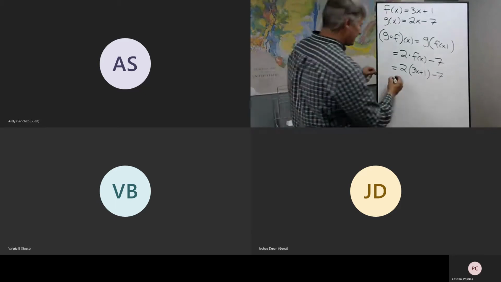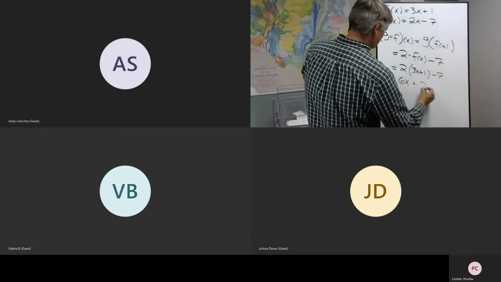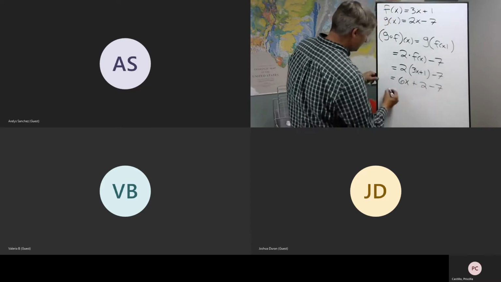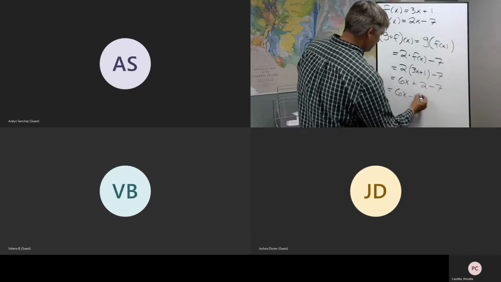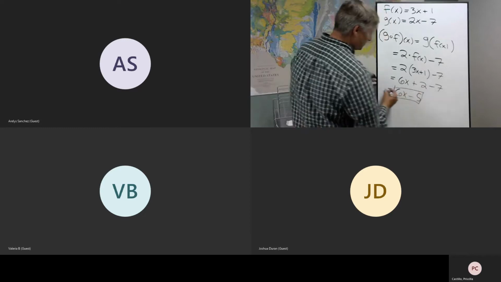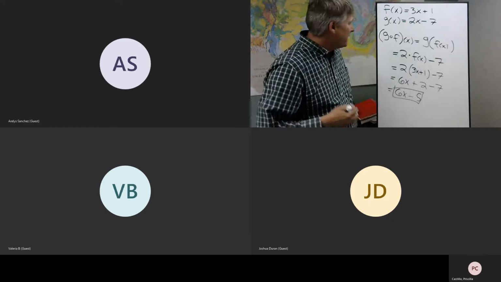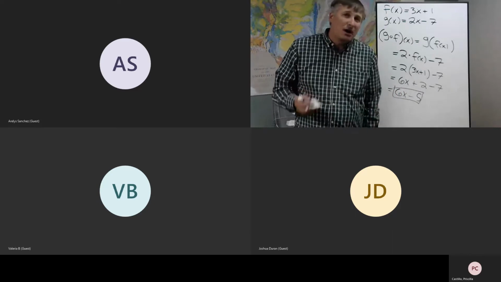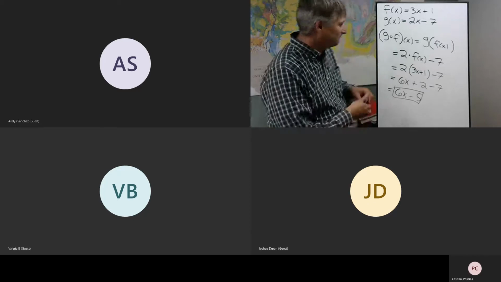I distribute the two. So I get a different answer, which is actually perfectly fine. So f composition g does not always equal g composition f.